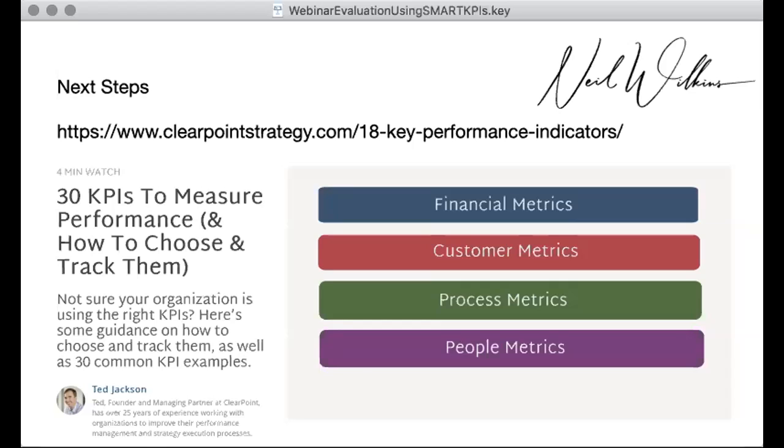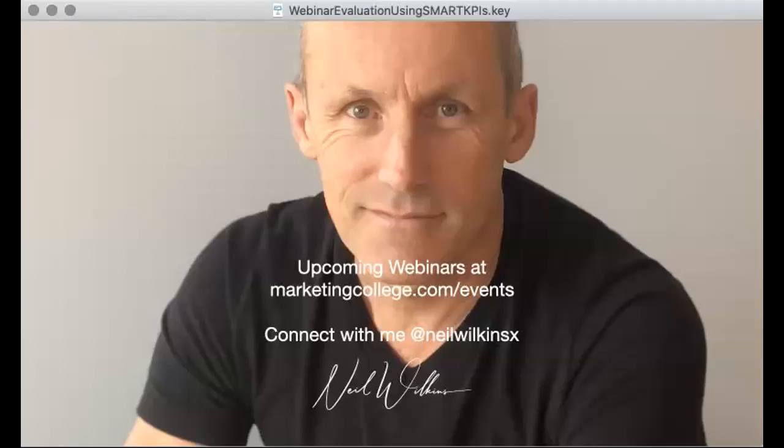So go to clearpointstrategy.com, 18 key performance indicators, and you will get a very useful tutorial that will literally hold your hand step by step through a process of creating and then using your chosen KPIs to track the performance of every project, campaign, activity, plan, and strategy that you have going forward.